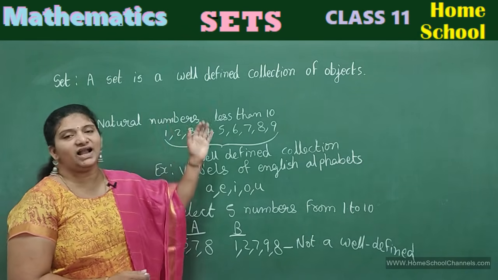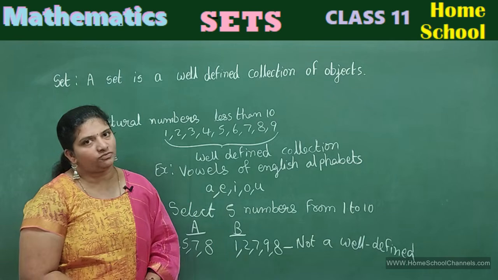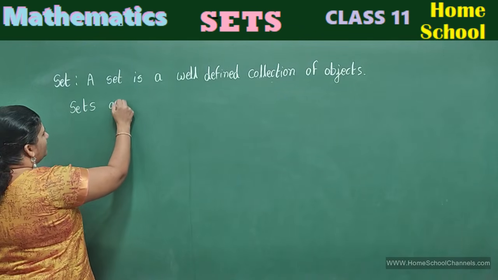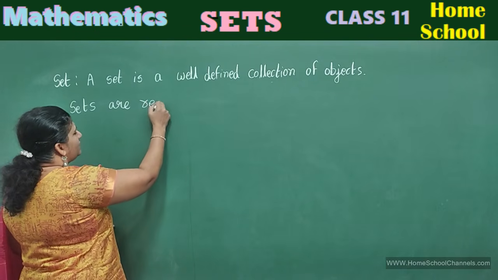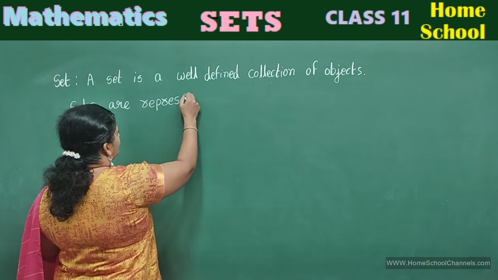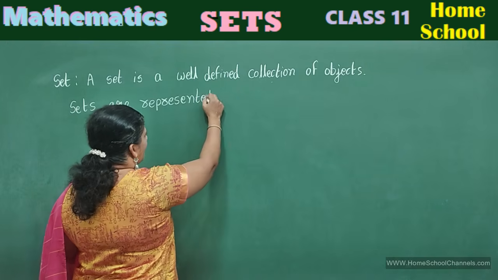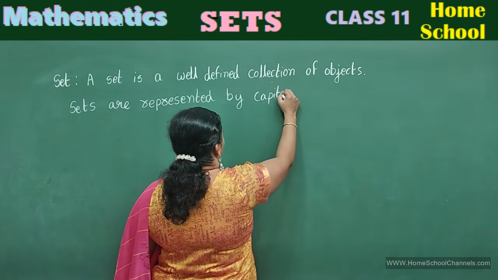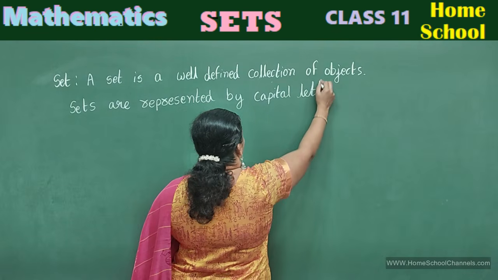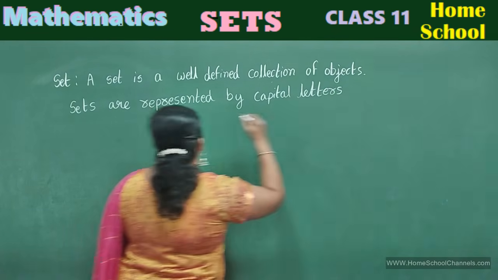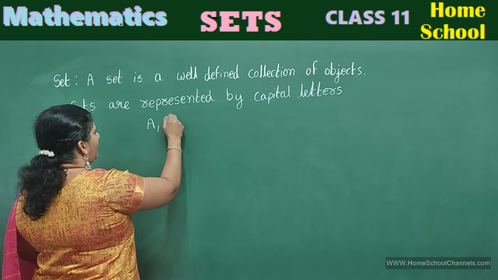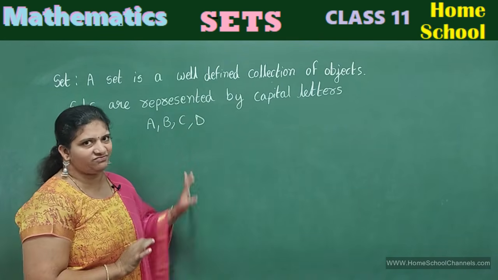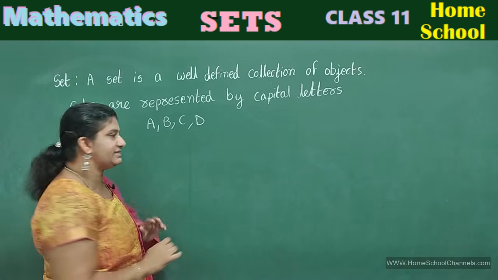What is a set? A set is a well-defined collection of objects. Sets are always represented by capital letters, for example A, B, C, D, any letter of the English alphabet can be used to represent a set.